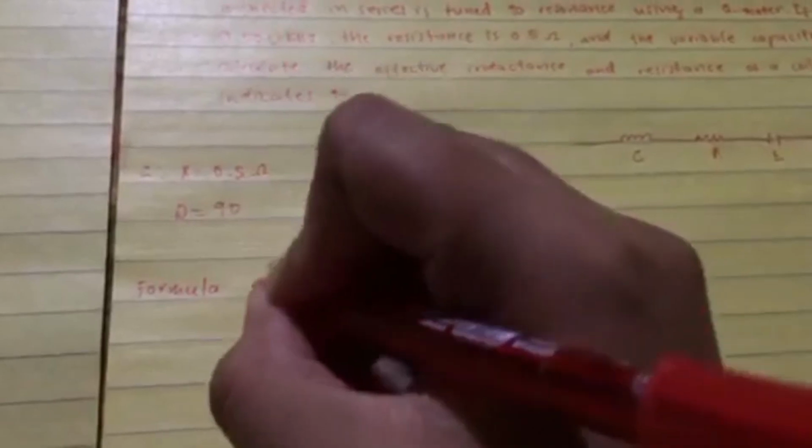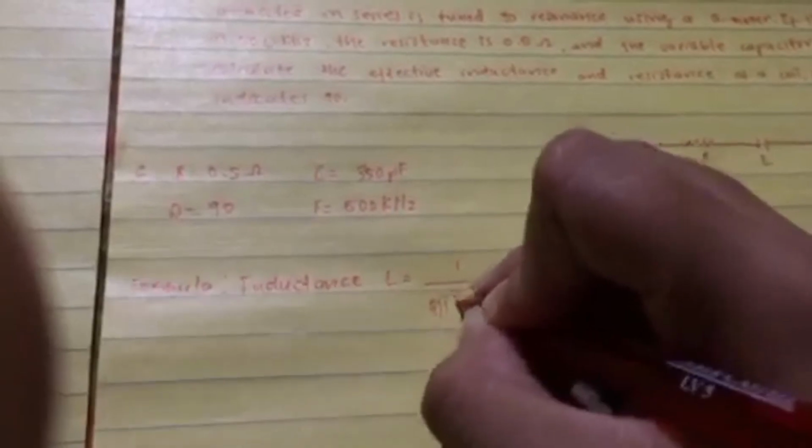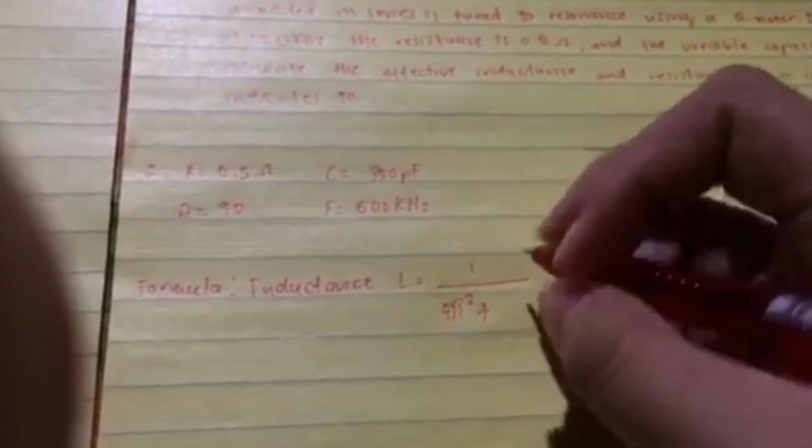So the formula for inductance L is equal to 1 over 4 pi squared f naught squared C. We can write this formula because in the Q meter, the circuit is tuned to the resonance frequency.